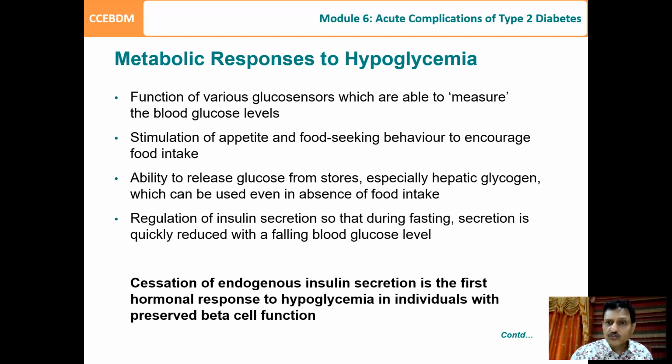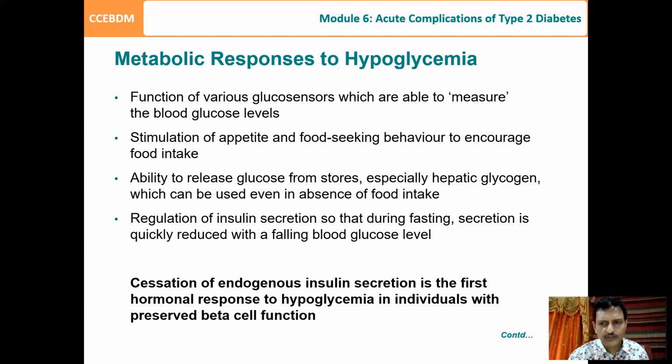It suppresses the insulin secretion and increases the glucagon secretion, so that there is liberation of glucose from the glycogen in the liver, and also from the glycogen in the muscles, releasing energy from the stored glycogen. So the first hormonal response of the body is to stop the insulin secretion.